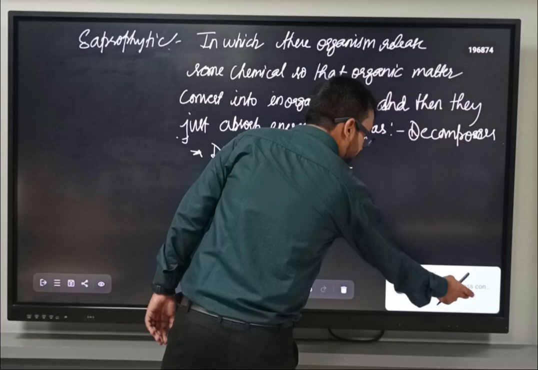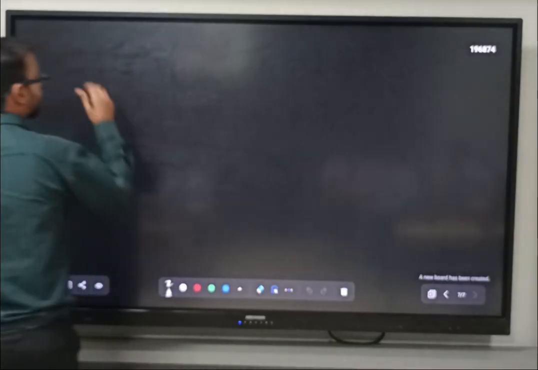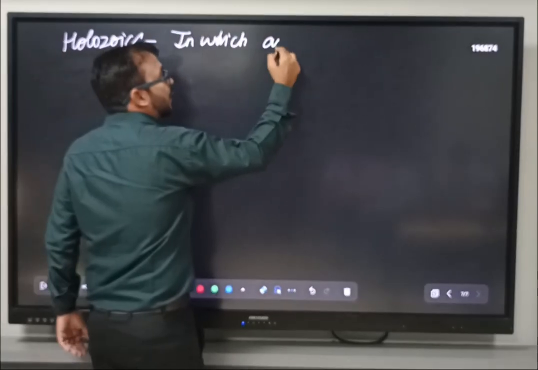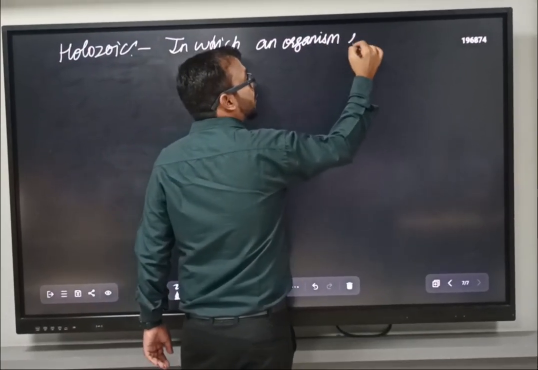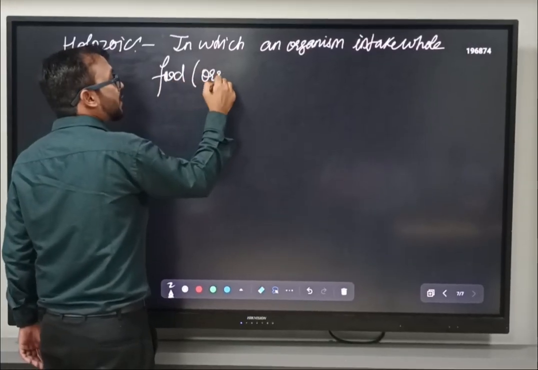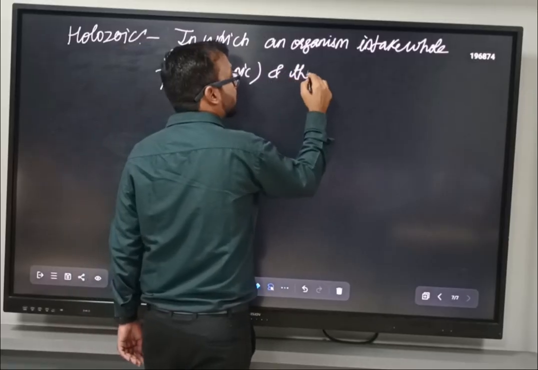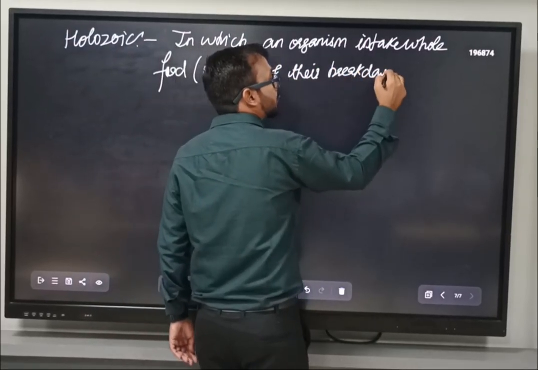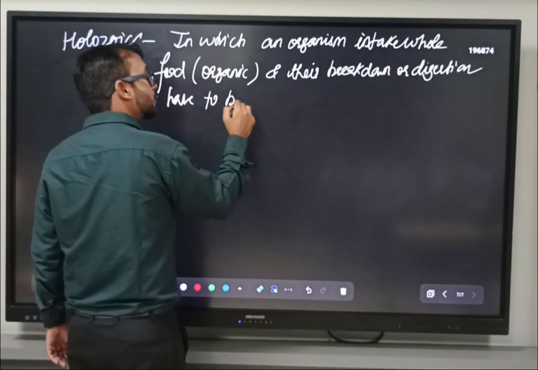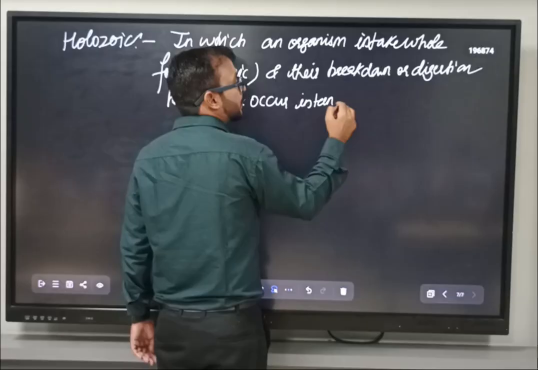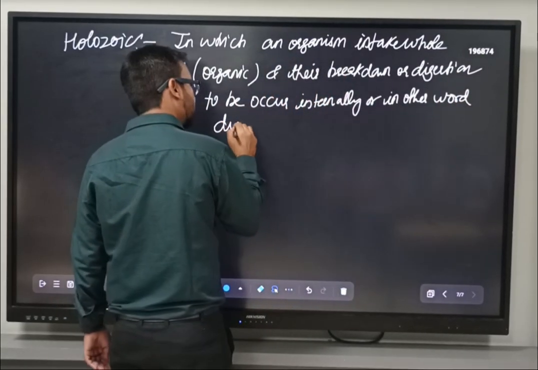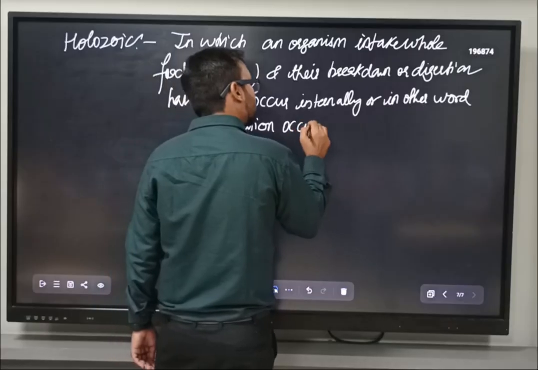See, now I am going to take the holozoic mode of nutrition. Holozoic, in which an organism intakes whole food, that means organic, and their breakdown or digestion has to occur internally.